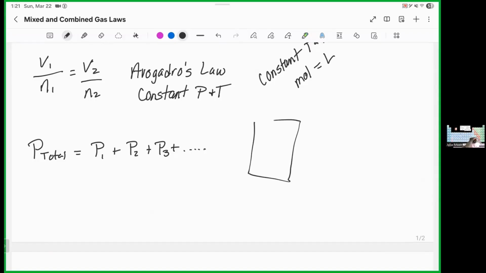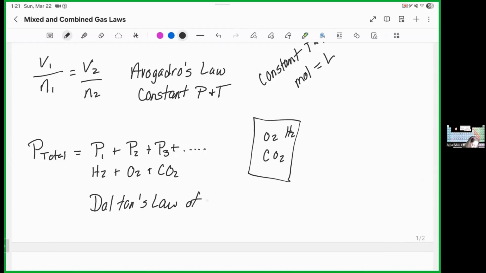If I had a tank with oxygen, carbon dioxide, and some hydrogen in there, each one creates its own pressure in that container, and all of those pressures added together is my total pressure. That is Dalton's law of partial pressures.